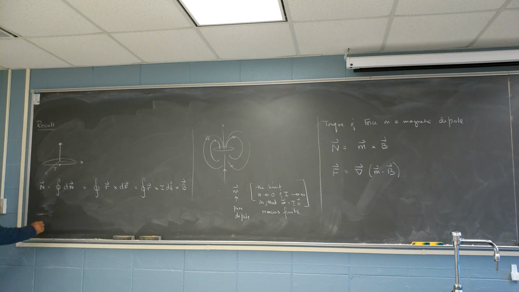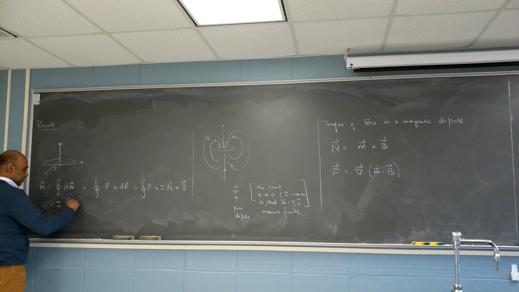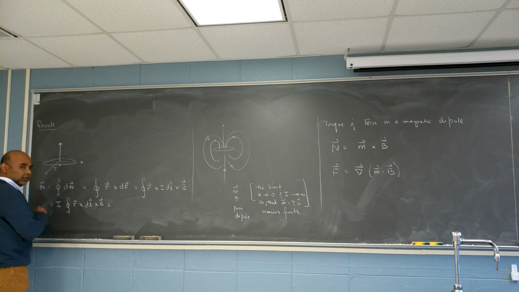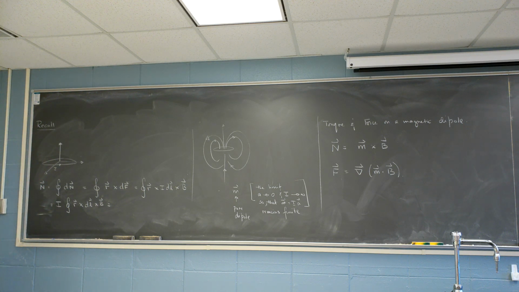Again, we expect the current in the loop to be a constant. When you see a triple cross product, you should think of the back cab rule.